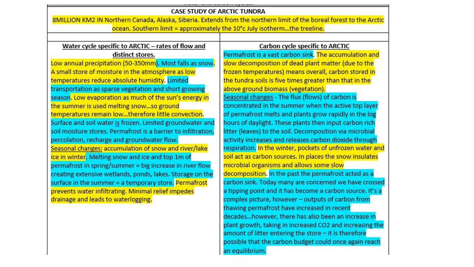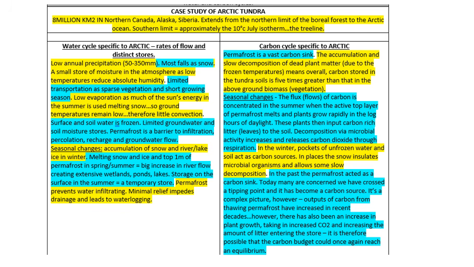In the past, the permafrost has been a carbon sink. It's taken in more carbon than it's given out. Today, we're a bit worried that we've passed a tipping point and it's actually become a carbon source. It's giving out more carbon than it's taking in with all the melting permafrost.